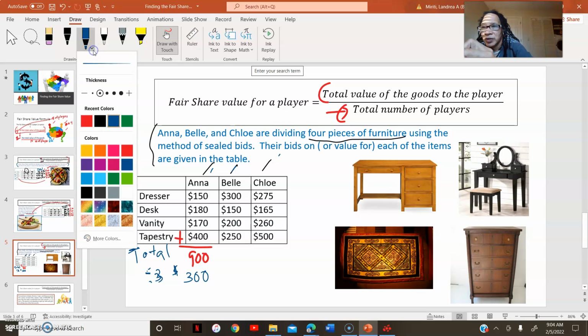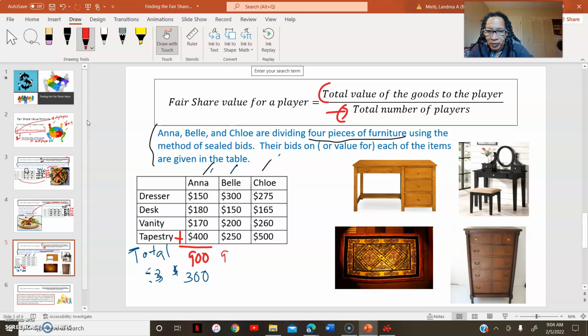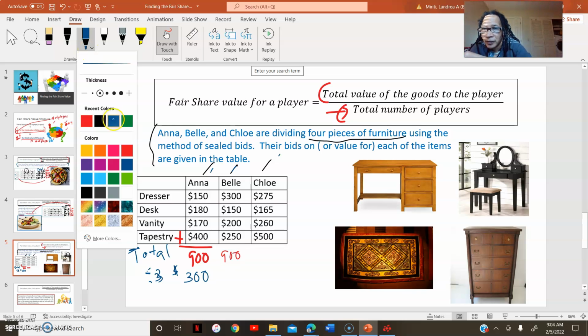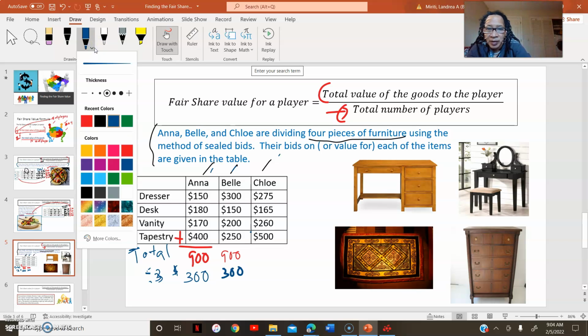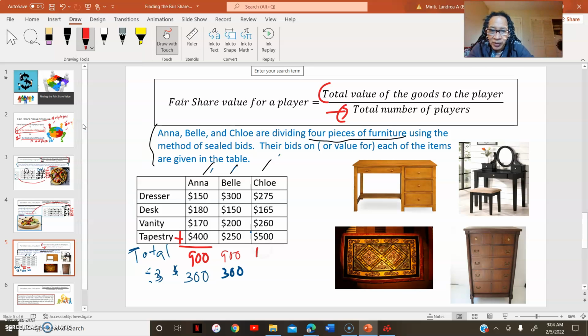And likewise, we could do the same for all the other players here. Belle's happens to add up to 900 also. And if we divide by 3, we will get 300. And Chloe, if you add all of her values together, that adds up to actually 1,200.